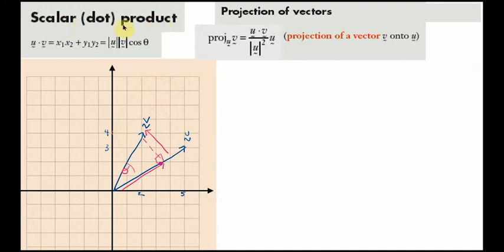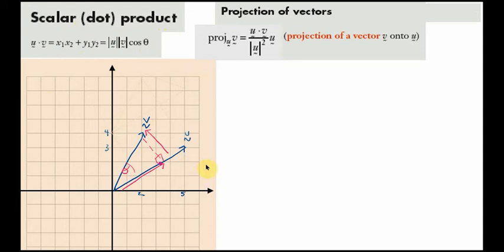To show that the scalar product, or the dot product, in cosine form is the same as the dot product in component form for any vectors v and u, I'm going to use the cosine rule.